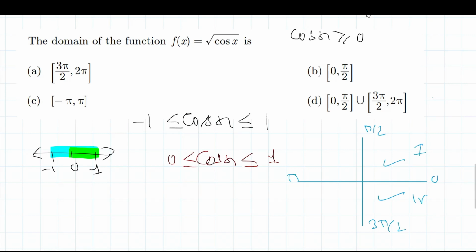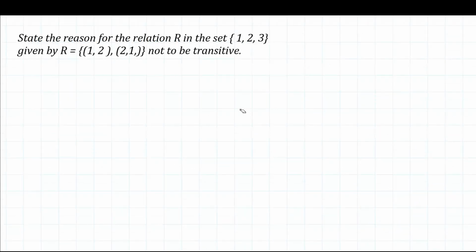So it is from this to this and also from this to this. That is 0 to pi by 2 and 3 pi by 2 to 2 pi, as you know, it's 0, 2 pi, 4 pi, and so on. So when I check the answer, I can say D is correct. It is 0 to pi by 2 union 3 pi by 2 to 2 pi. So this is what should be the answer.